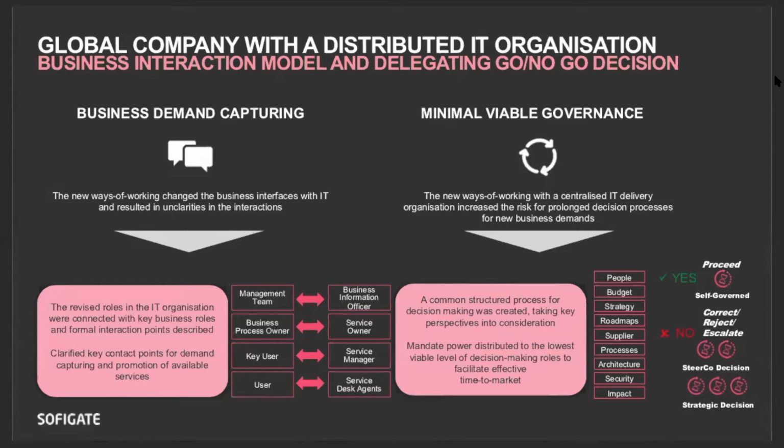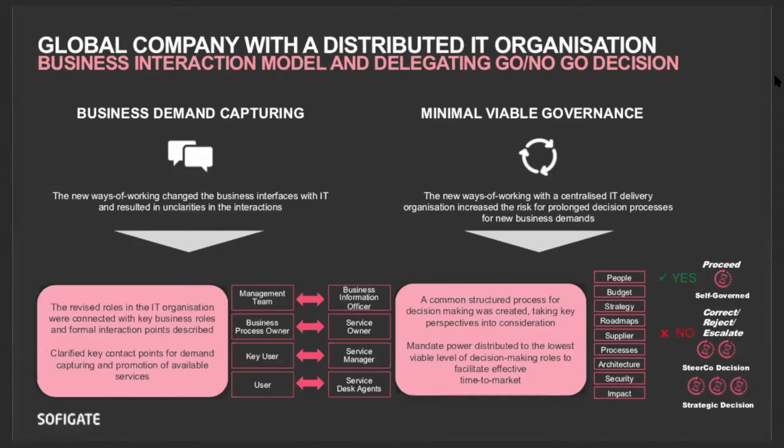The other example is around also new ways of working, where the project resulted in a more centralized IT delivery and also creating some concerns that the decision process would be prolonged.